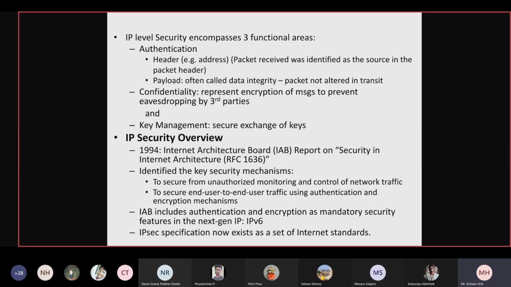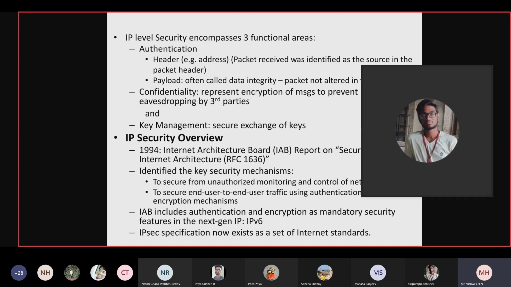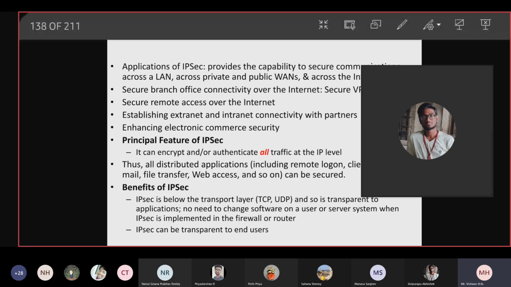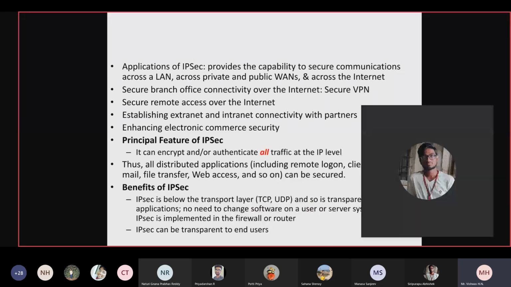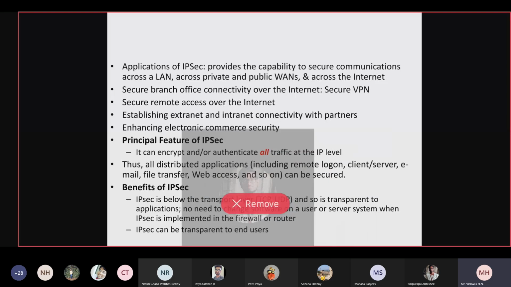Okay, so IPsec specifications now exist as a set of internet standards. Let us see what it is. Applications of IPsec. What are the applications of IPsec? Basically, IPsec provides the capability to secure communications across LAN, across private and public WANs, and across the internet.